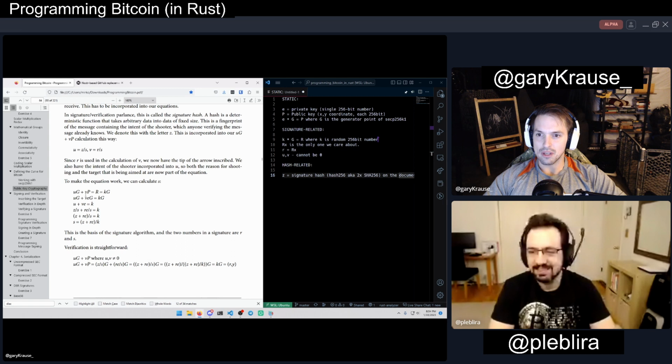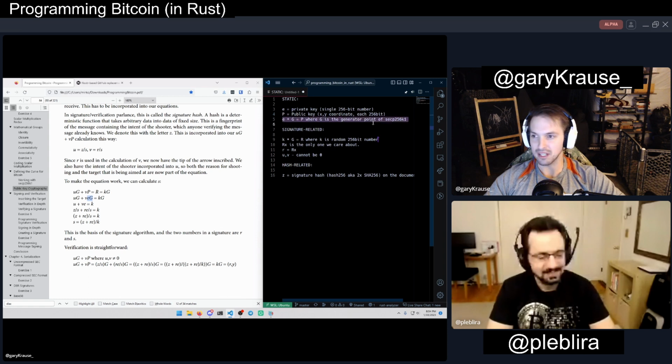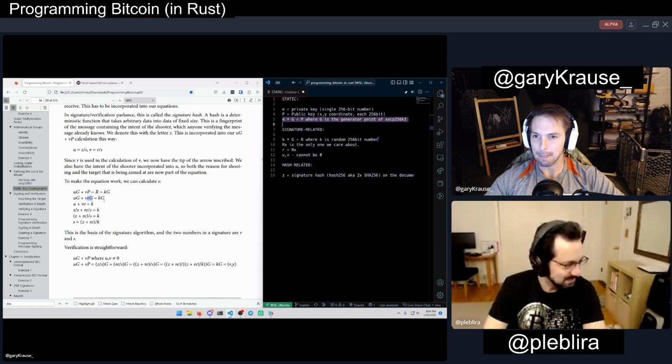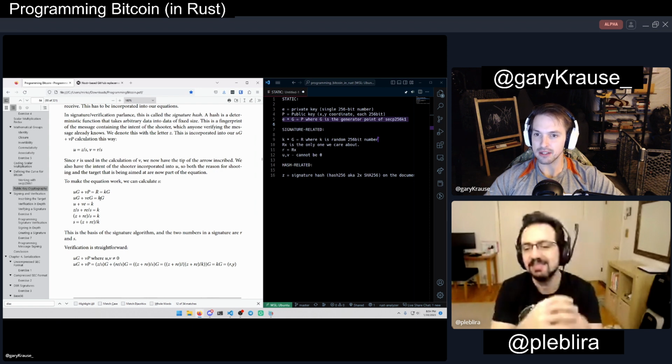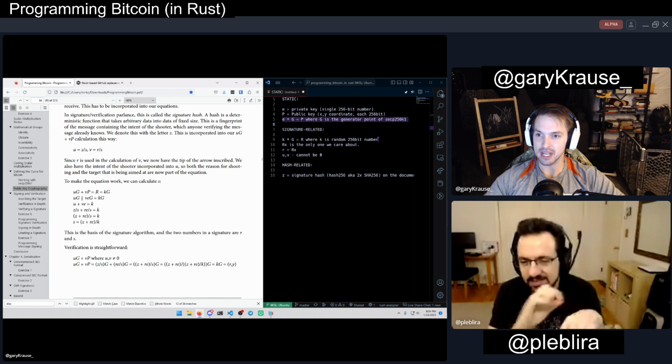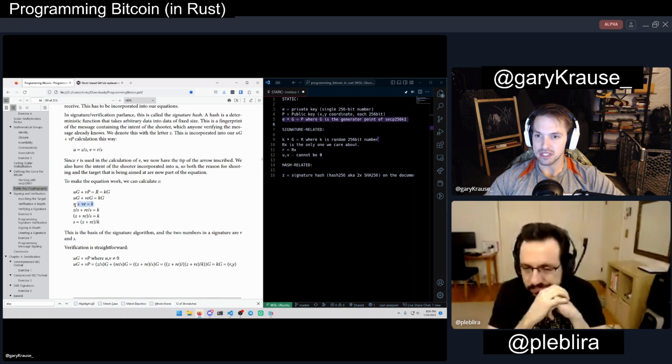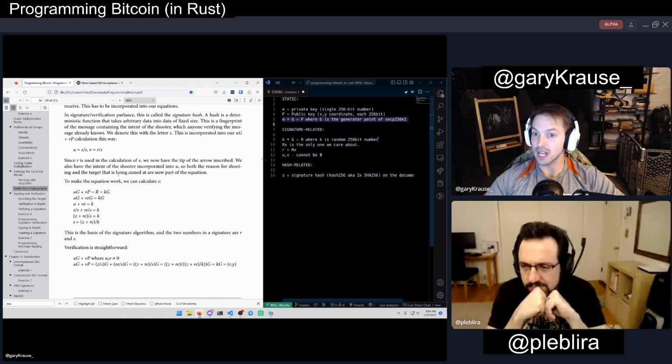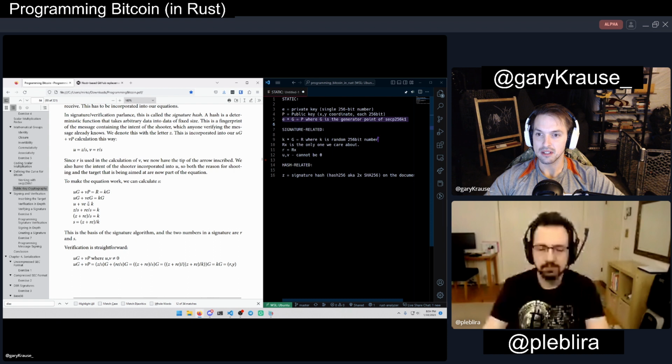So we replace P with E times G because we've defined that already. It's like our main function. And then we can drop G entirely by dividing both sides by G, which gives us U plus VE equals K, right? So U being non-zero plus V non-zero times our private key identifier equals K.